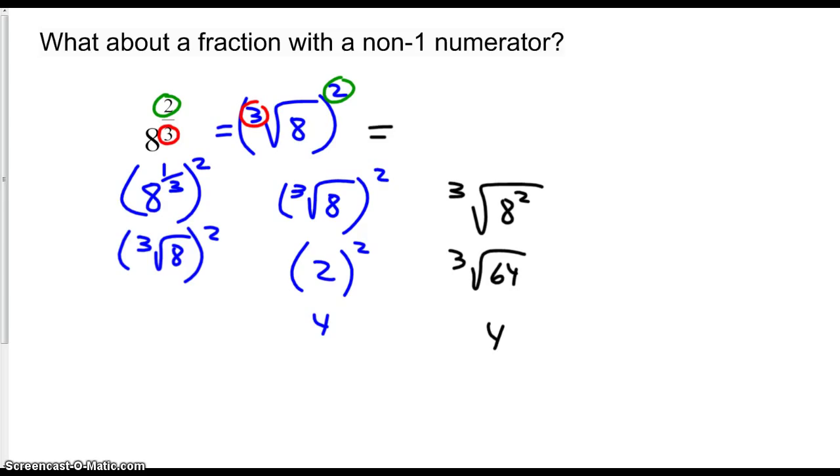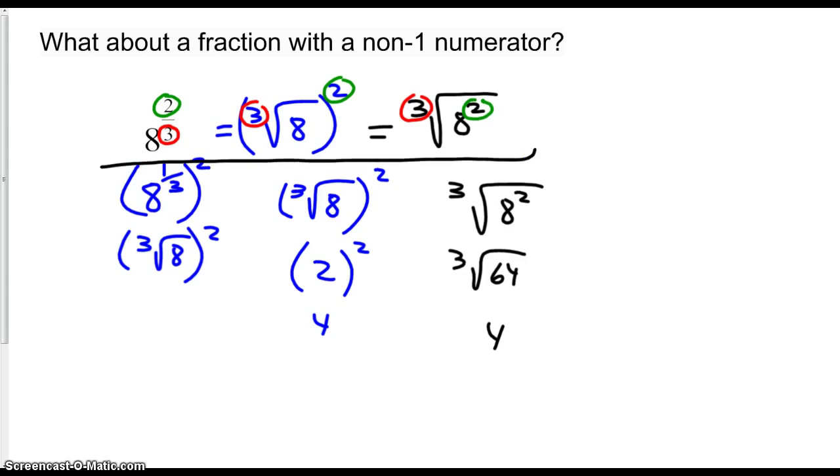So another way to write 8 to the 2/3 is the cube root of 8 squared. In other words, the bottom of the fraction, the 3 here, is the root, but that squared can either happen to the entire result, or you can square the 8 first before taking the cube root of it. Okay? So this is kind of the property right here, if you want to look at that.